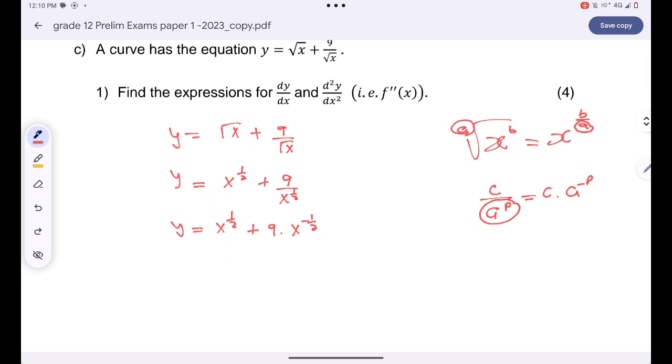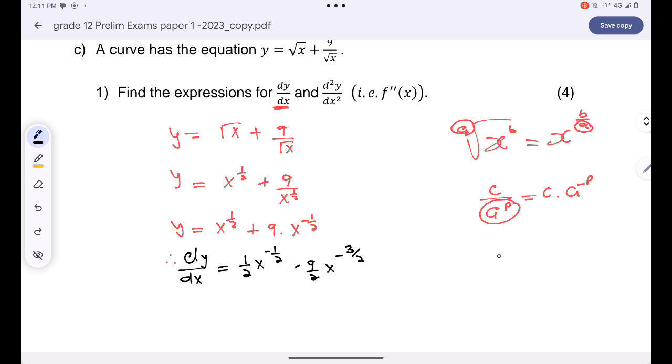Now I can find the first expression of my derivative. So therefore, let me write the derivative in black. dy over dx is basically 1 over 2 times x to the power of negative half minus 9 over 2 times x to the power of negative 3 over 2.